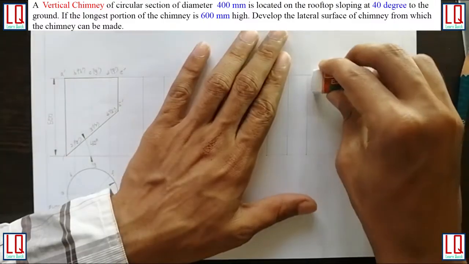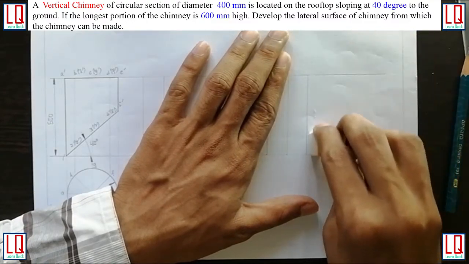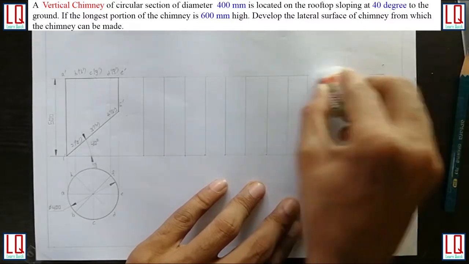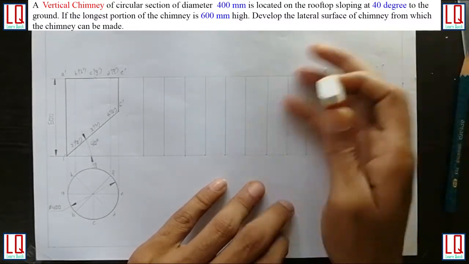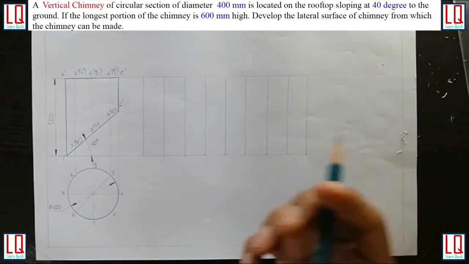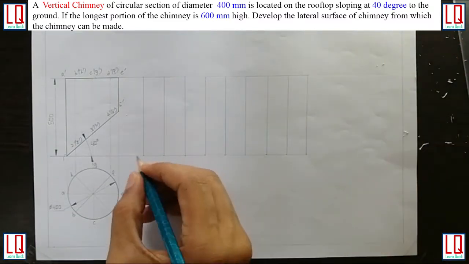Okay, so now you can erase the extra lines. So now we will name all the arbitrary points.